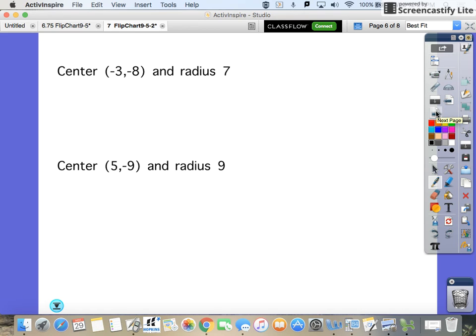So the next one says the center is at -3, -8. So that's h. That's k. This is r. x minus h squared plus y minus k squared equals r squared. h is -3.